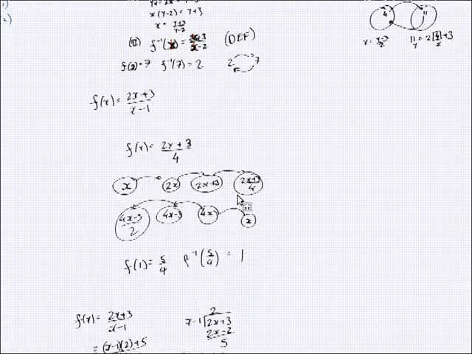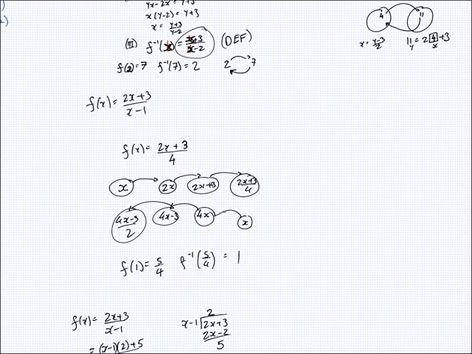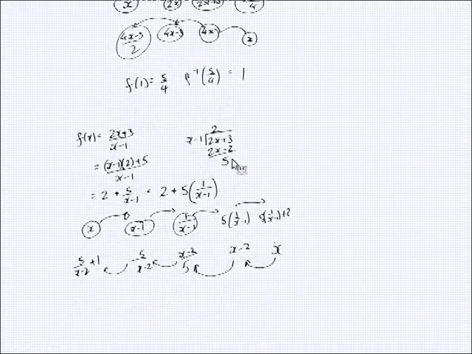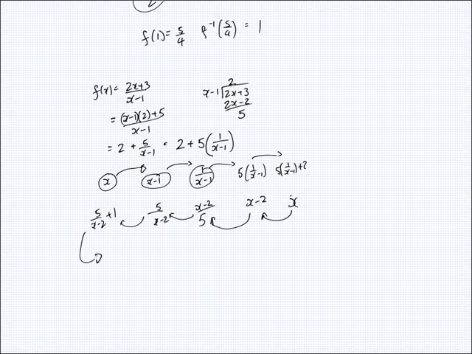Where's my answer from earlier? It's (x + 3) over (x - 2). Let's see if it's the same. So this is equal to 5 over (x - 2) plus (x - 2) over (x - 2). That's equal to (x + 3) over (x - 2). The same.